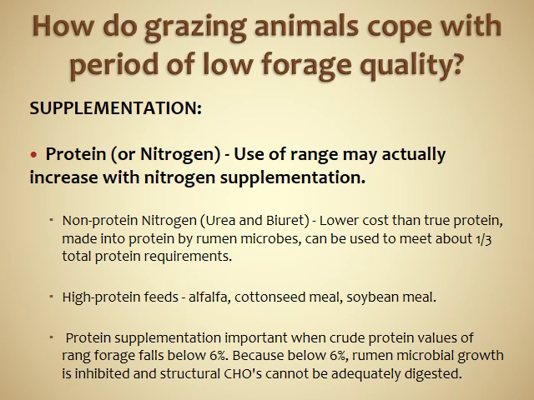We often use, on range situations, we often inject urea or biuret into large hay bales. So when you see people feeding hay bales out on the range, oftentimes that already has that non-protein nitrogen in it, or maybe it should be suggested. Especially in the south, I see a lot of people using high protein feeds like cottonseed meal, alfalfa, soybean meal.